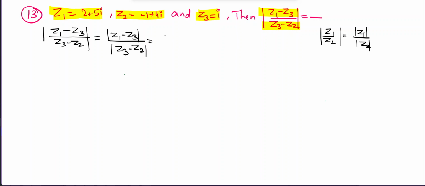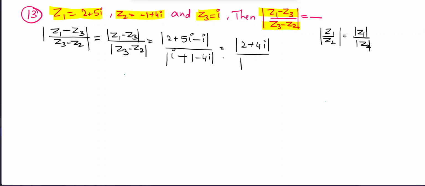Here z1 is given, that is mod of 2 plus 5i minus i by i minus z2, multiplying by minus, this is plus 1 minus 4i, that is equal to mod of 2 plus 4i by mod of 1 minus 3i.